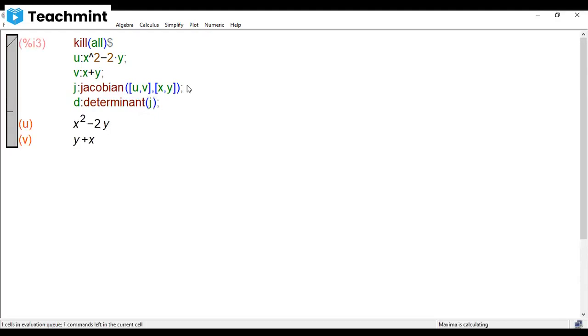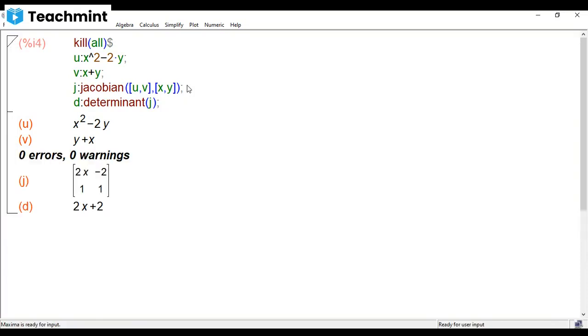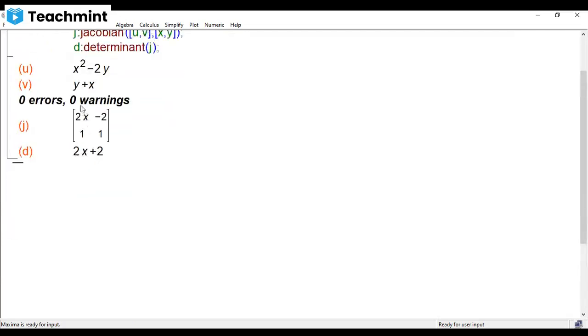See, this is your u, which is x square minus 2y, and this is our v, x plus y, and this is our Jacobian matrix.